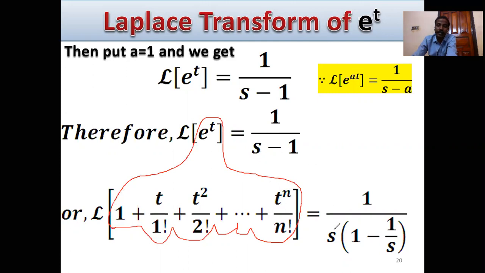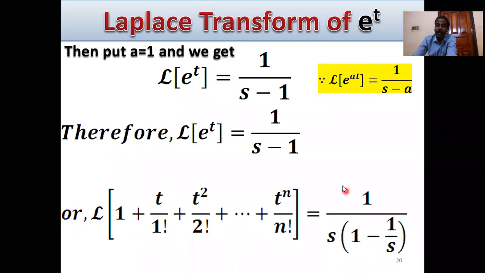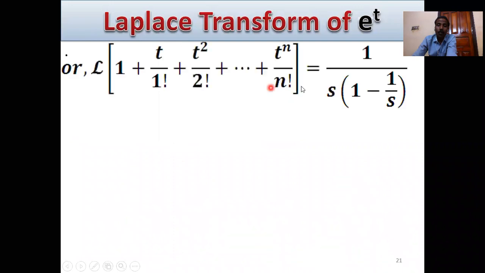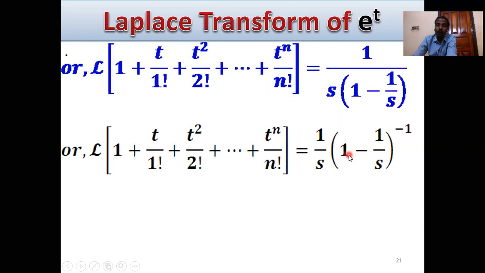And on the right hand side, take s common and we get 1 by s into 1 minus 1 by s, which is 1 minus 1 by s whole to the power minus 1.